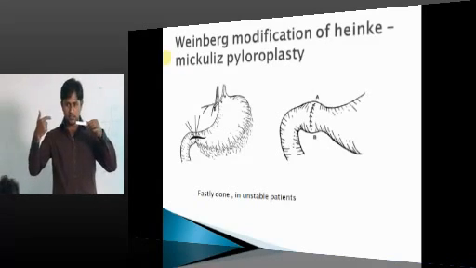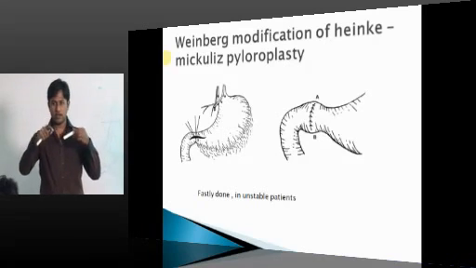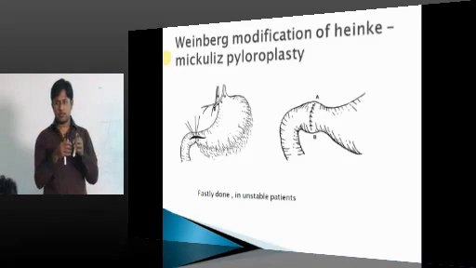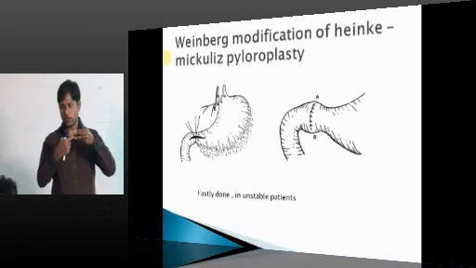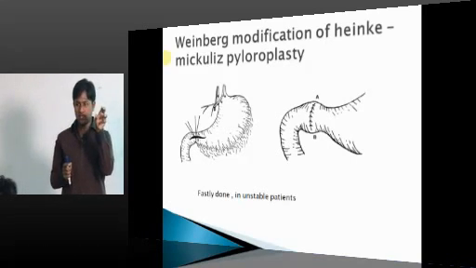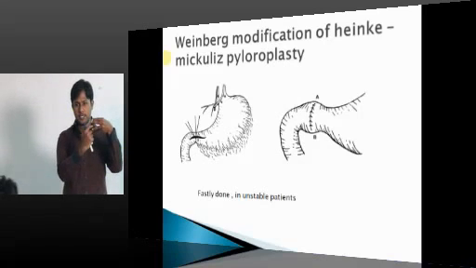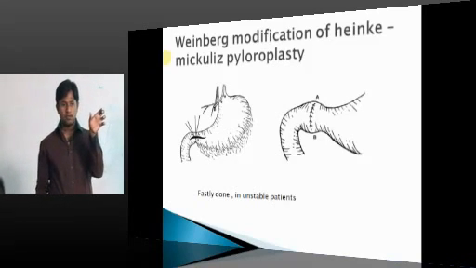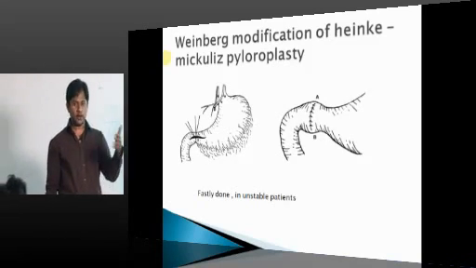A horizontal incision is given and vertical suturing is done. After giving a horizontal incision, when you suture it vertically, the lumen will be increased inside. That is the way you have a drainage procedure.